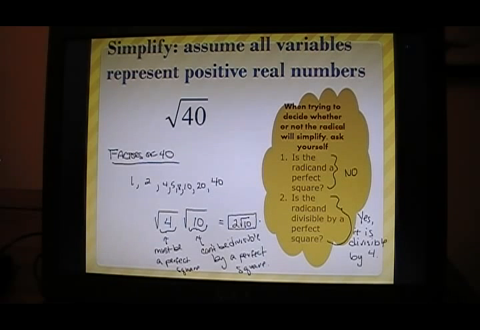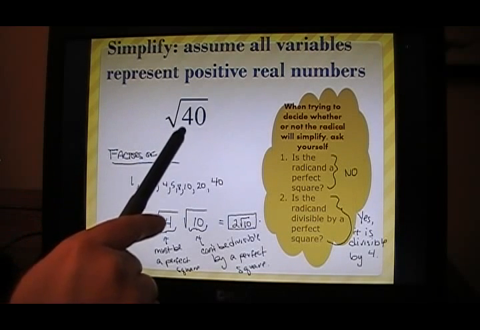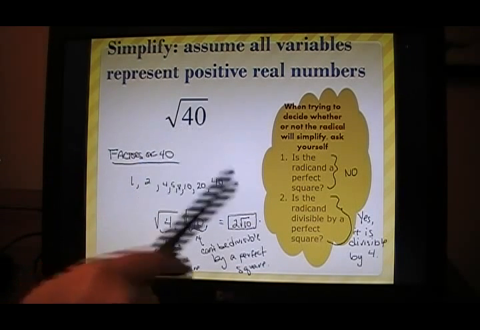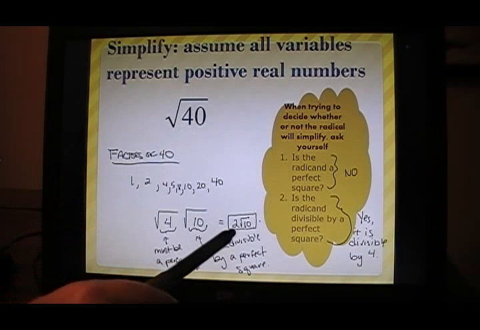And for any of you interested in the notation, please be aware that the square root of 40 and 2 root 10 are both notations that represent the same irrational number.